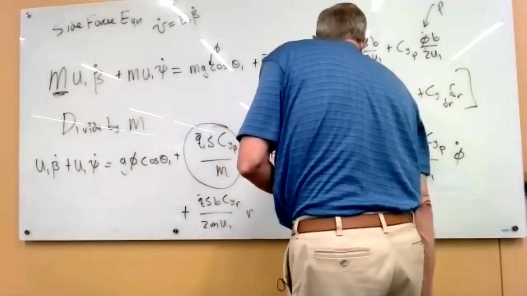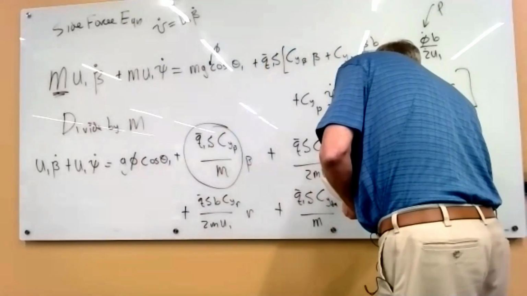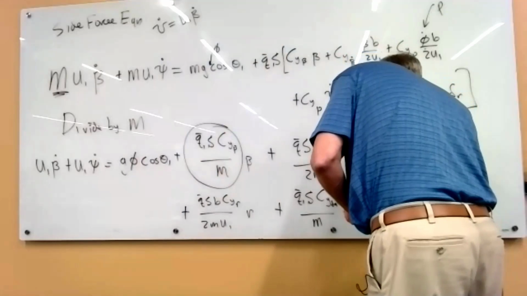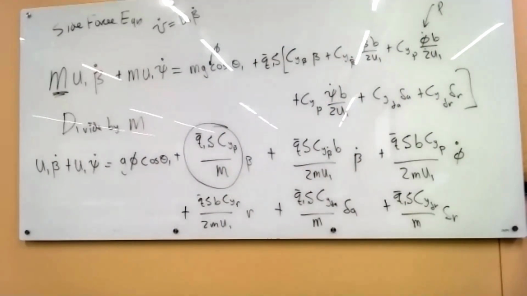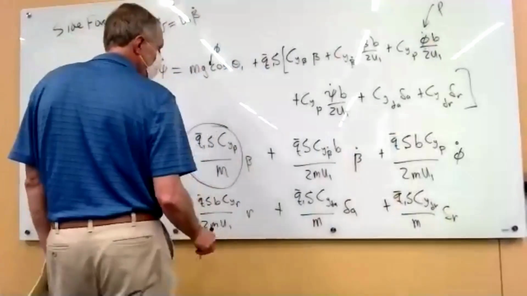It's all the stuff that multiplies aileron. All the stuff that multiplies rudder. And now we're going to name stuff, because we're tired of calculating all these numbers every time and writing them down.